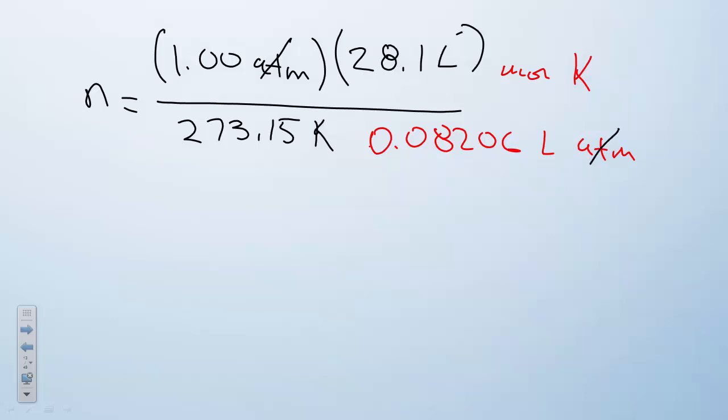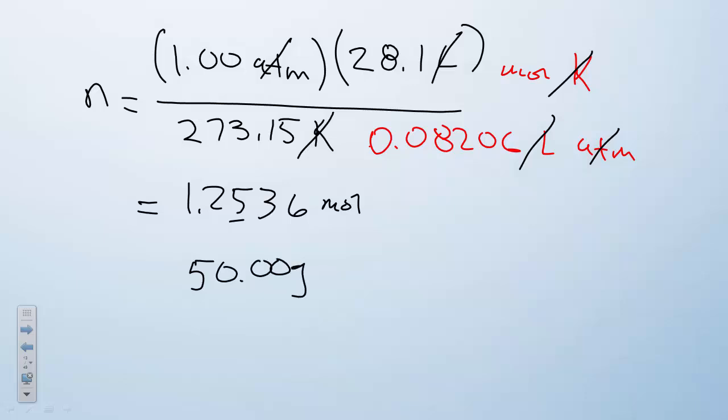Atmospheres cancels with atmospheres, liters with liters, Kelvin with Kelvin, and we're left with moles. And when we get our calculator out, we find that this is 1.2536 moles.